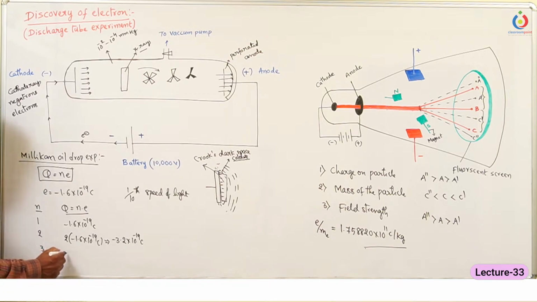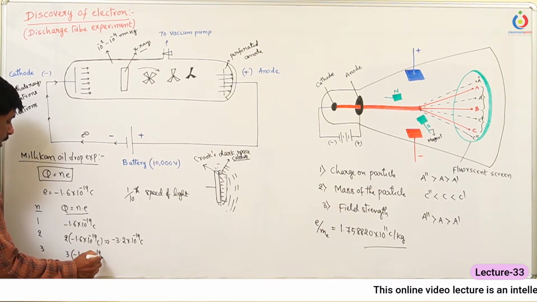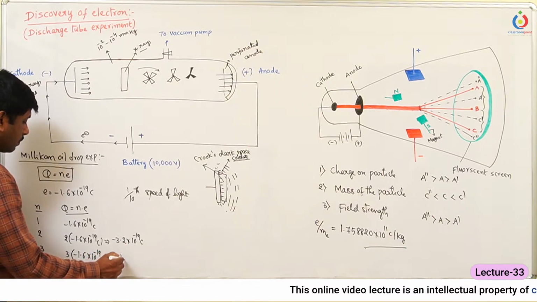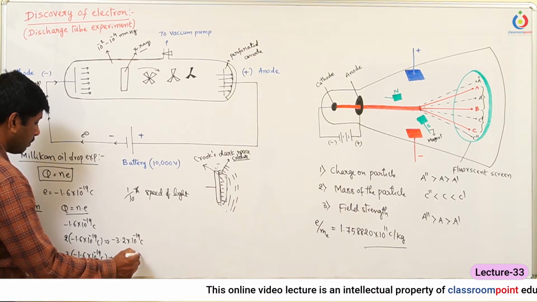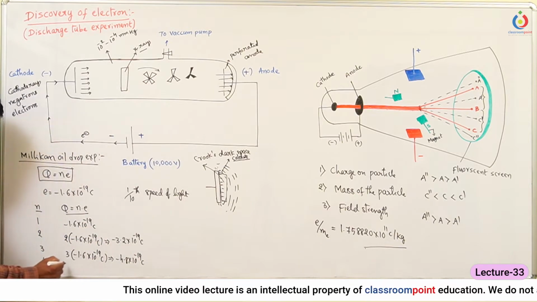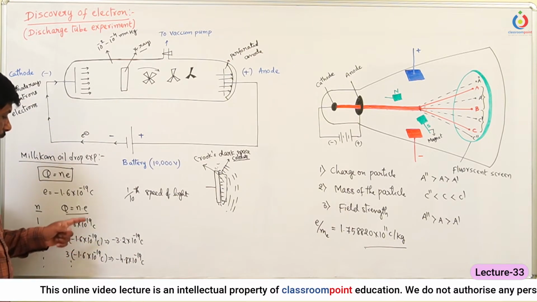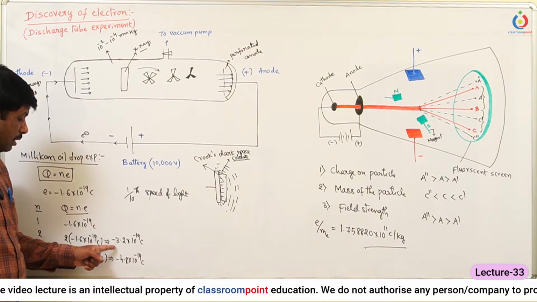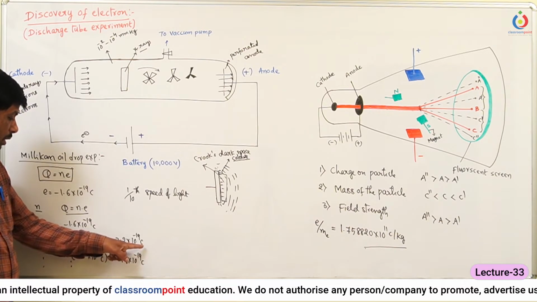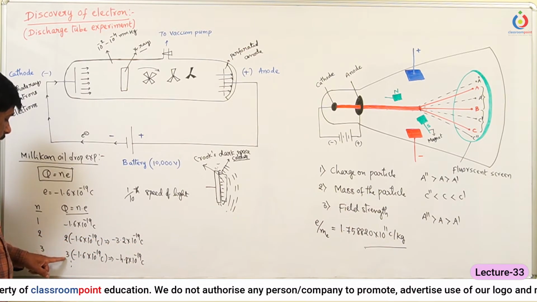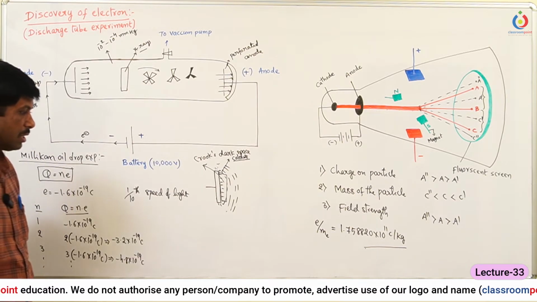If N equals 3, 3 times minus 1.6 into 10 power minus 19 coulombs equals minus 4.8 into 10 power minus 19 coulombs, and so on. So the values will always be in this ratio only. Whenever you divide these values, you will get the exact N value, that means the number of electrons present.